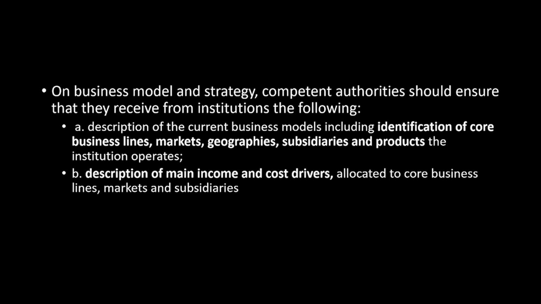And also on the description of the main income and cost drivers. So, it's quite obvious that the regulators would like to know the sources of the income and the cost for the given bank and how they are allocated to different core business lines, markets and subsidiaries and so on. So, this assessment is much more granular in that sense. So this is a lot more detail.